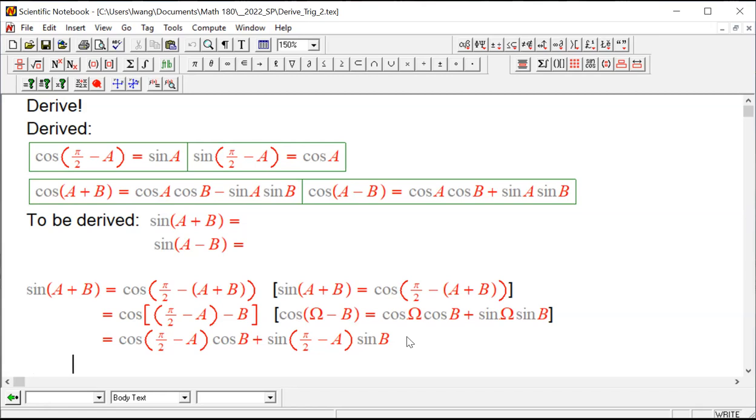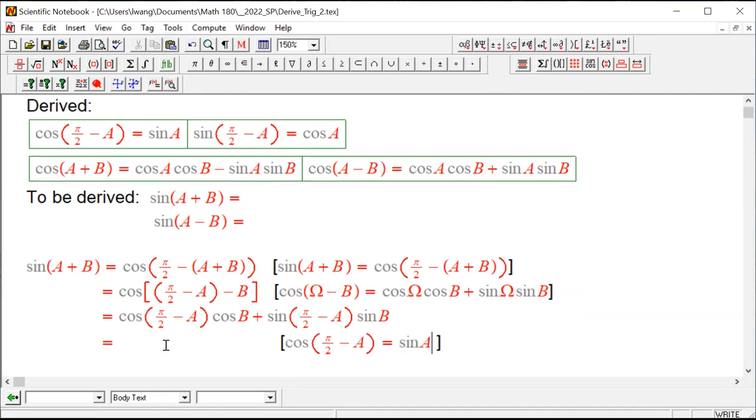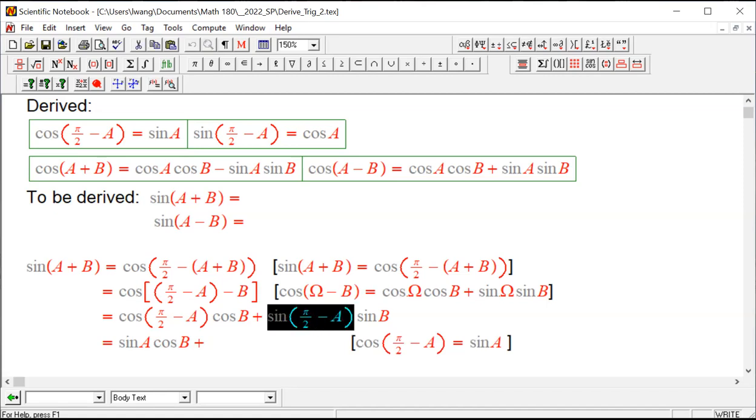Now, what is cosine of pi over 2 minus a equal to? Cosine of pi over 2 minus a equals sine a. We apply these properties, the first one, so that piece equals sine a, times cosine b, plus, what is sine of pi over 2 minus a?